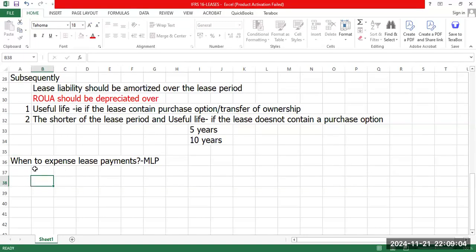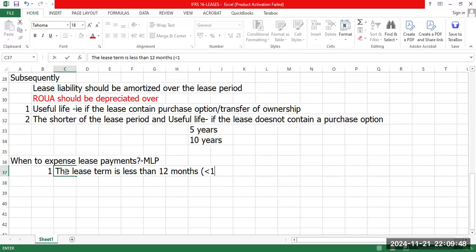So when should you expense? This standard actually allows an entity that is a lessee to expense lease payments if, number one, the lease term is less than 12 months, that is, less than 1 year.